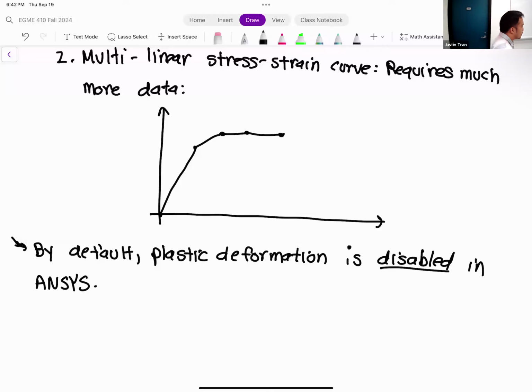And so naturally what ANSYS will assume is that you'll have just linear elasticity forever.